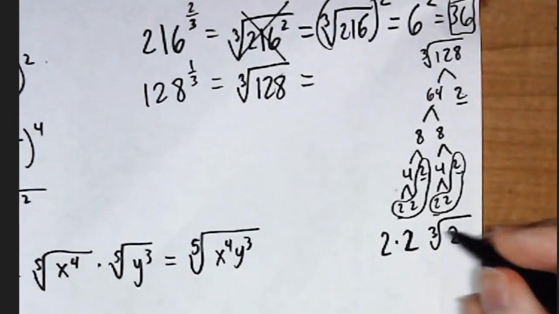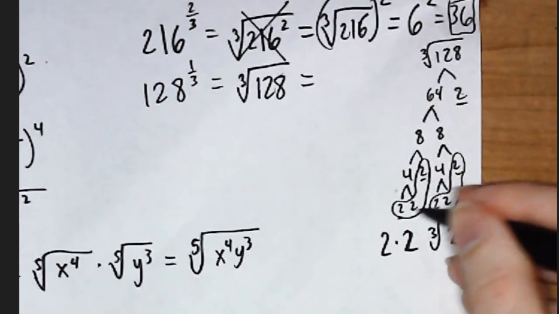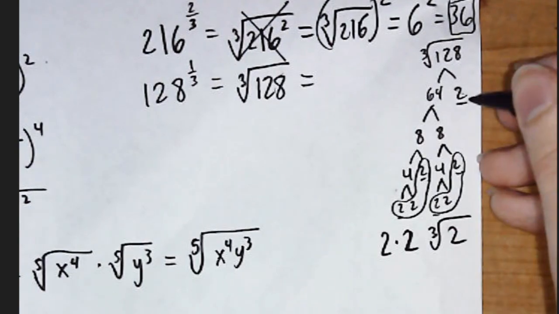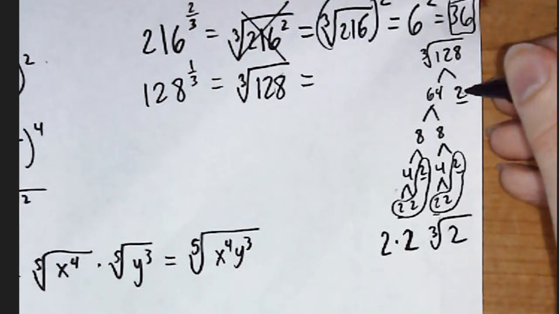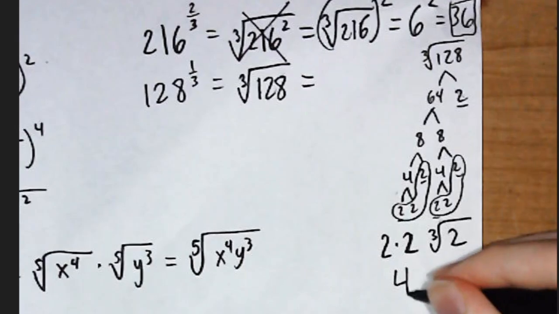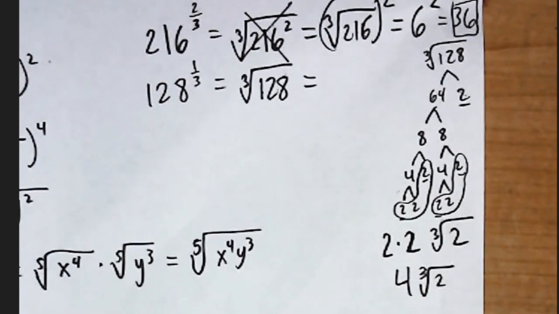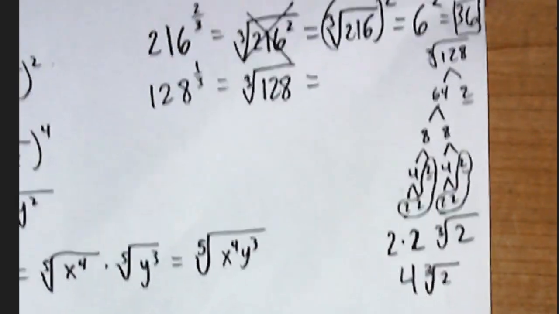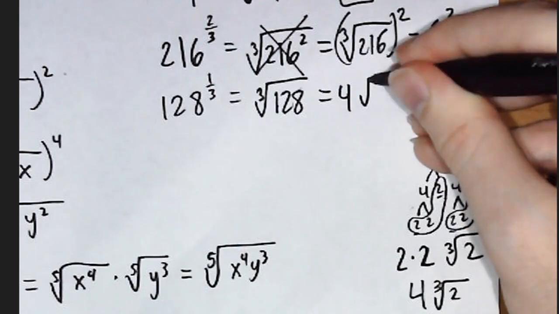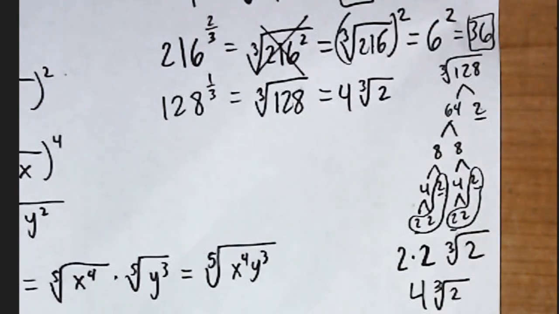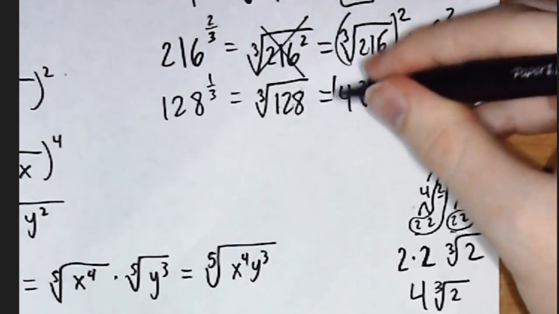So outside of the radical, we have a 2 times a 2, times the cube root of whatever's left. So we end up with 4 cube root of 2. And that is the simplest radical form of the cube root of 128.